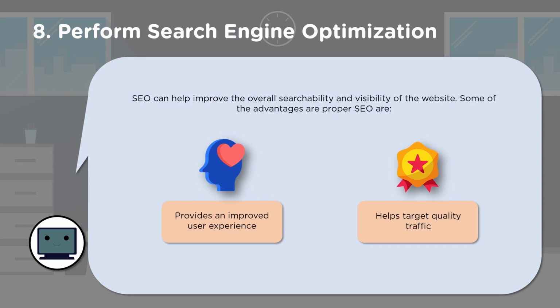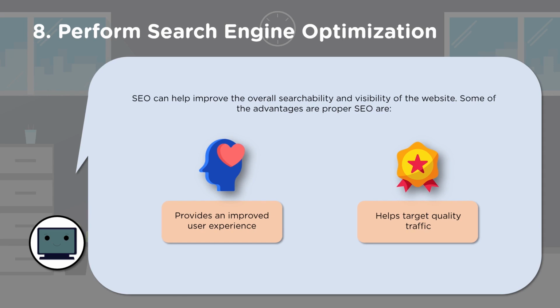Somebody types in, women's red Nike shoes, size whatever, at the year 2019 model, then of course they're going to likely click on your listing because you have what they're looking for. And that goes with any keyword, any industry, any business, any segment, any type of product you're selling. So again, you have a chance to really be visible for what people are looking for. And so that's the beauty of search engine optimization.